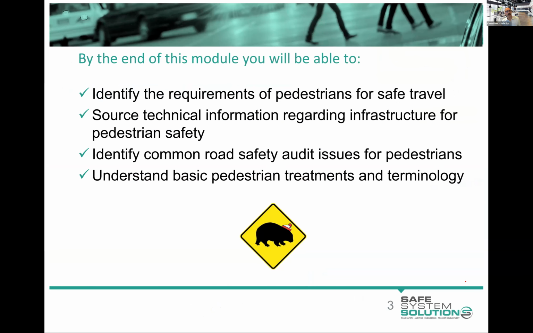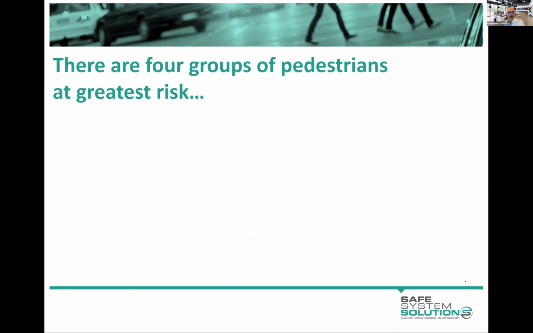So this one on pedestrians, we're going to just point you at some requirements of pedestrians for safe travel, some technical information that's available, common road safety audit issues for pedestrians, and some treatments and terminology. Keep counting your ollies too. Okay, 4 groups of pedestrians at greatest risk.